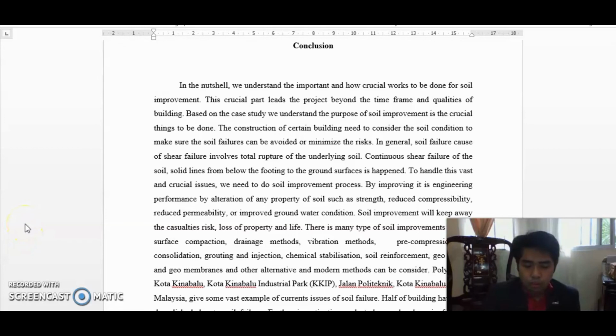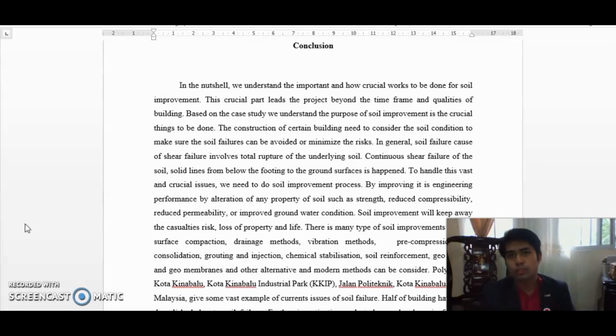Based on the case studies, we understand that the purpose of soil improvement is a crucial thing to be done. We understand how important and crucial soil improvement works are.